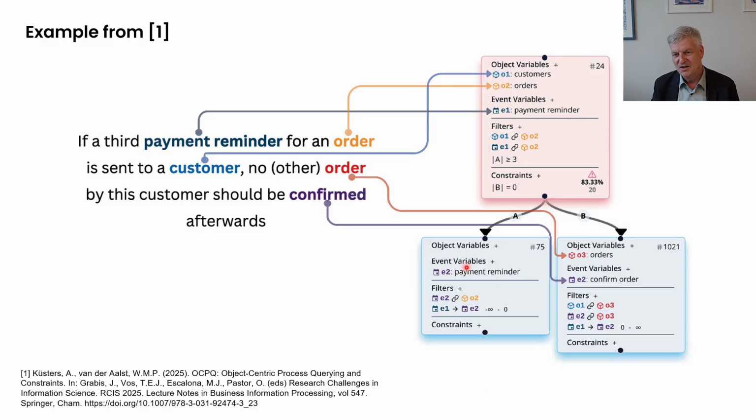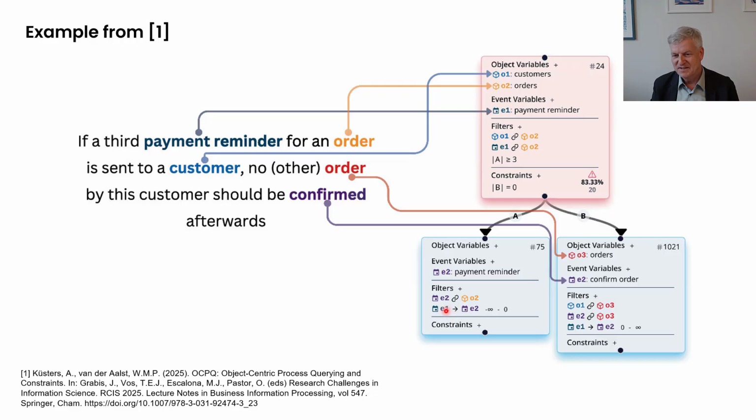Now we go to the lower part. Here we look at payment reminders. When you have this connection, the variables and the filters still apply here. What you now see is that E2, payment reminder, is introduced. It's a different variable than here. This payment reminder has to come from the same order. That's one filter.